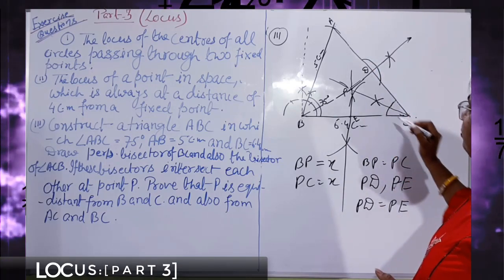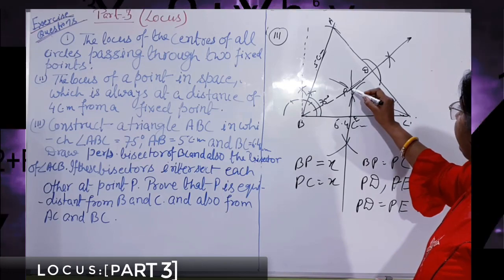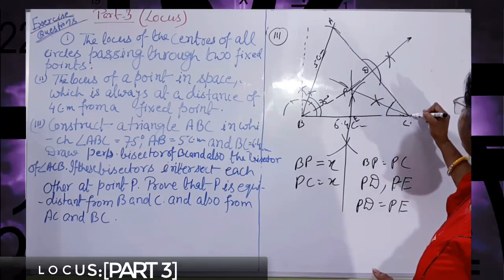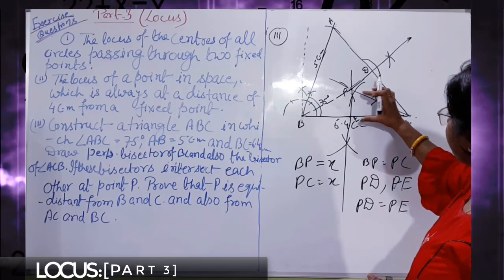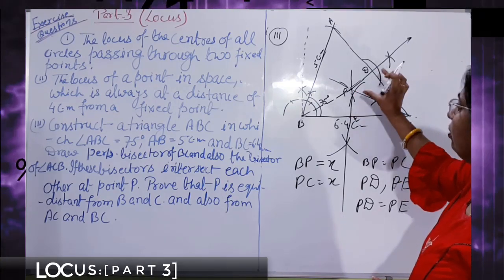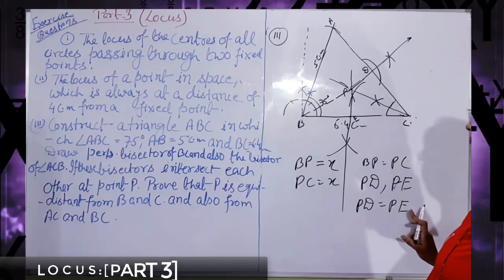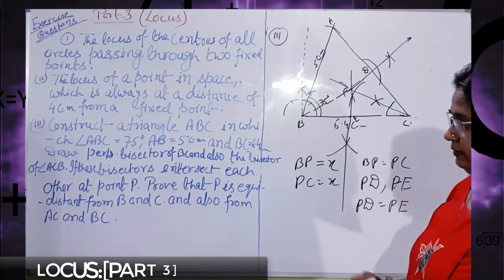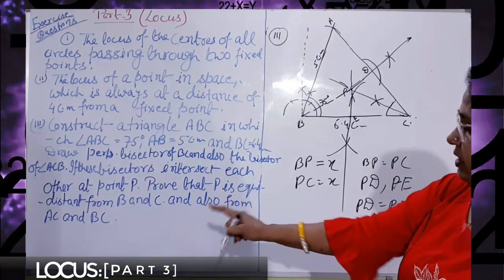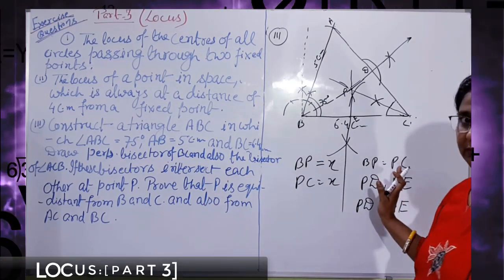For this, we draw perpendiculars from P to BC and AC. This one is your perpendicular, and now we check whether both distances are the same or not. If both are the same, that means your construction is correct. Then the distances from AC and BC will be the same.